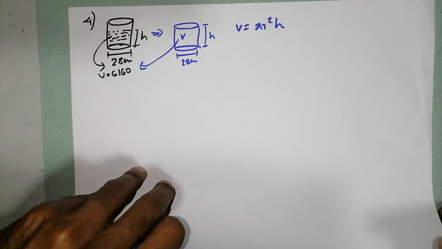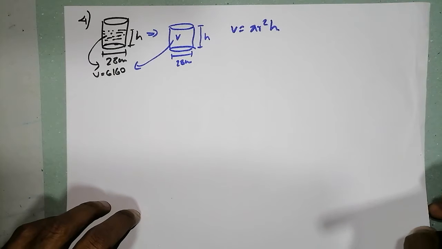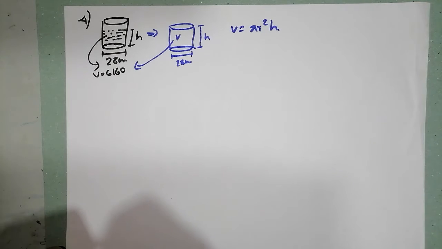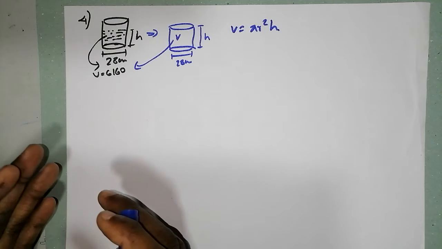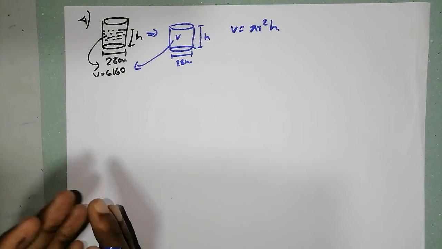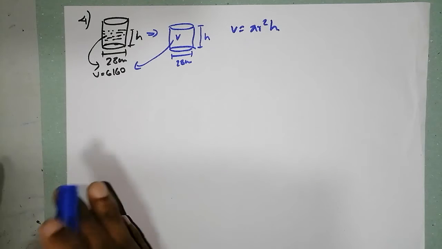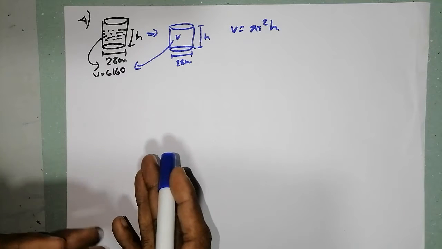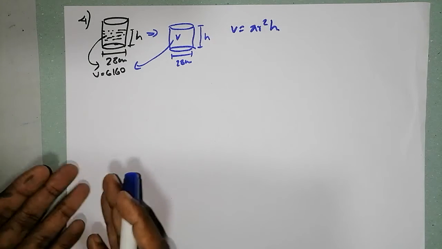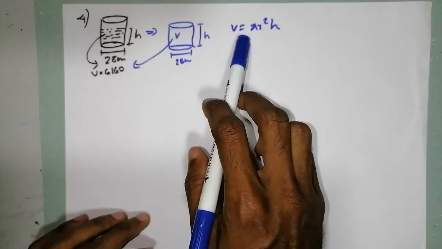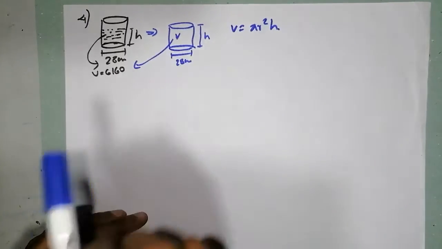Okay, we have a basic knowledge from grade 9: when we pour a liquid, the liquid gets the shape of the container. The shape of the container is a cylinder, so the filled water will take the same shape. So we can use the volume of the cylinder to find the height.